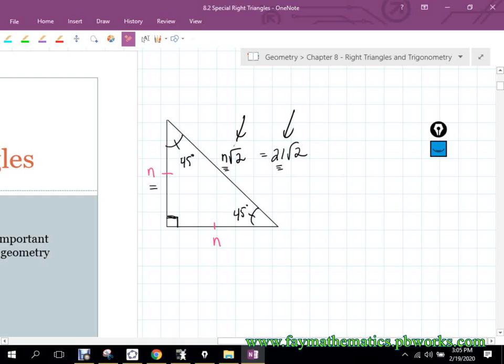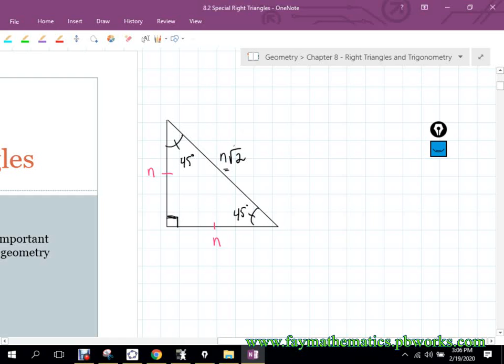Now, those are the easier versions of the questions that you're going to see. So let's give you one that's a little bit harder. Because what happens that makes it harder is the algebra gets harder. The geometry stays the same, but the algebra gets harder.